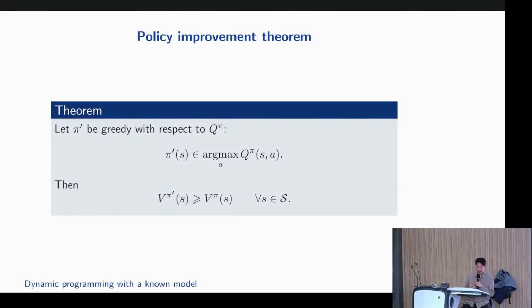The answer is yes. So here's the theorem. This is the policy improvement theorem. Let pi prime be greedy with respect to Q pi. If we act greedily according to the learned value function, then we can prove that for all states, the value for this one-step greedy solution is better than what we started off with, where it's going to be greater than or equal to.